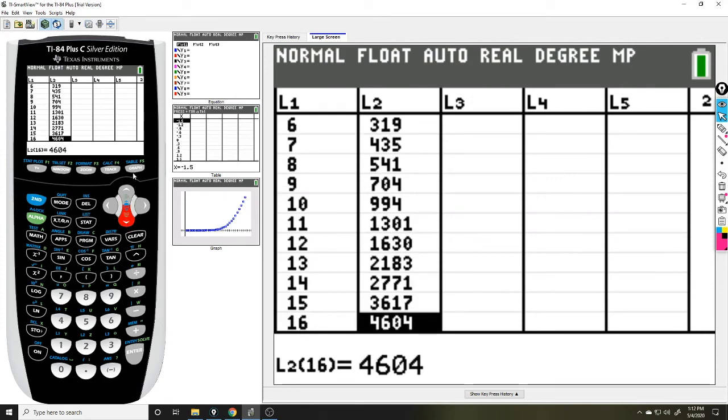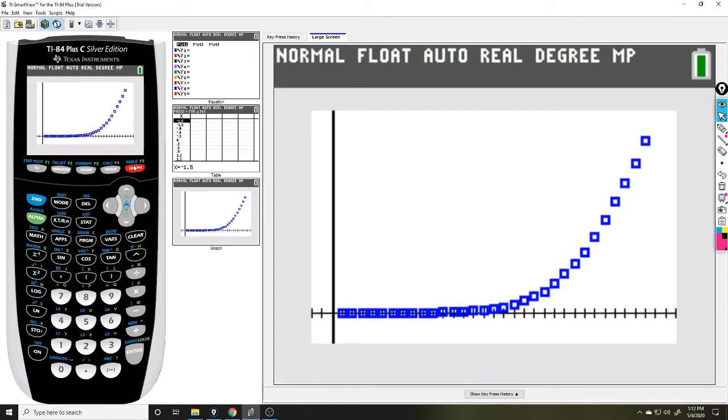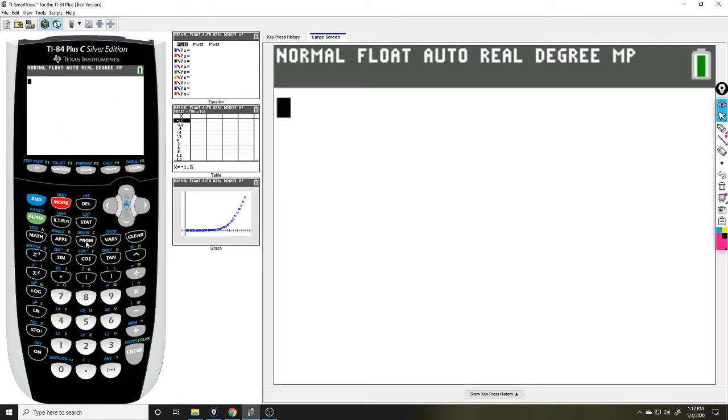But if I go to my graph, I can see very clearly that this is some kind of exponential growth that's happening. So now, I can chart this data two different ways, and I want to talk about both of them and see what we end up with.